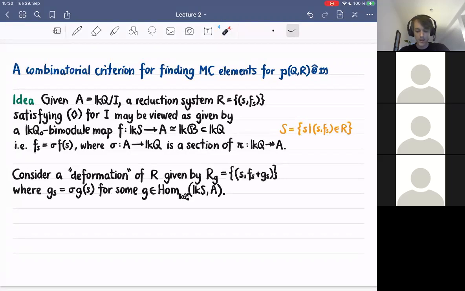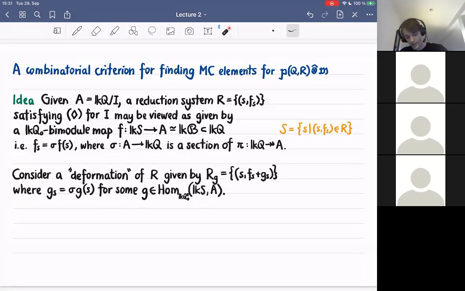Okay, so the idea is that given a quotient of a path algebra with a reduction system R satisfying the diamond condition for the ideal, we can view these second entries here, Fs, as coming from a KQ0 bimodule map F that goes from Ks to A, the algebra.